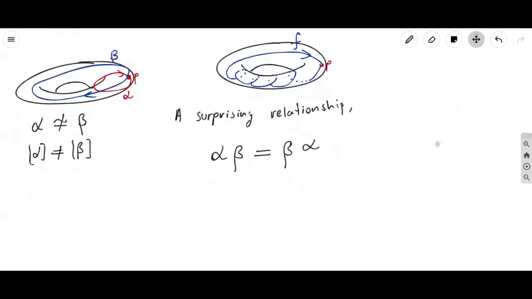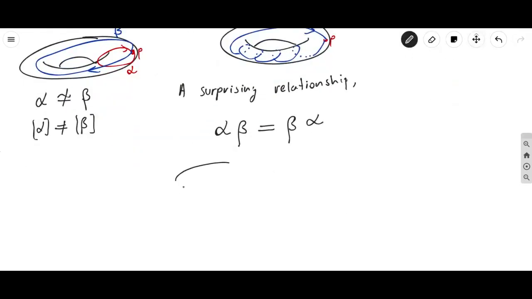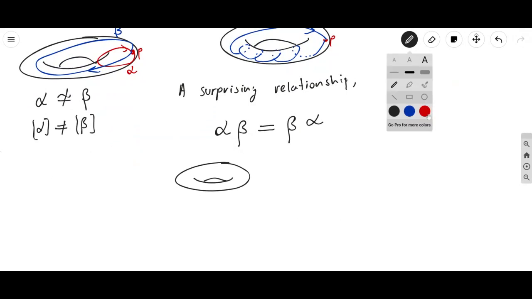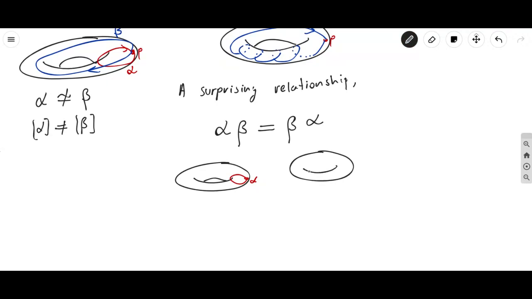Now the reason why this is very surprising has to do with this. If you draw alpha on the torus like this, and then you draw beta separately, then we just said that alpha and beta are not homotopic to each other.